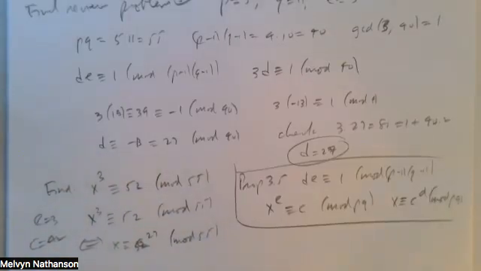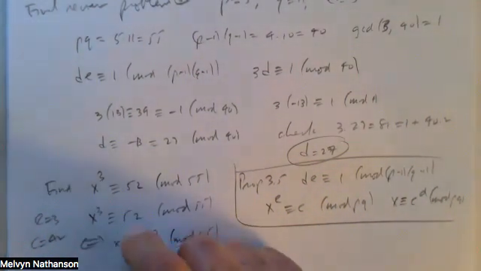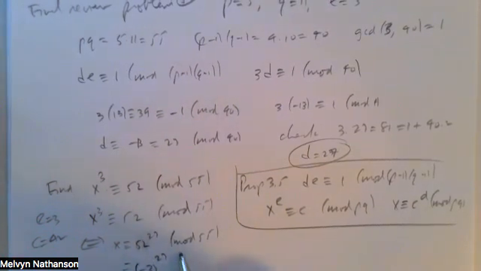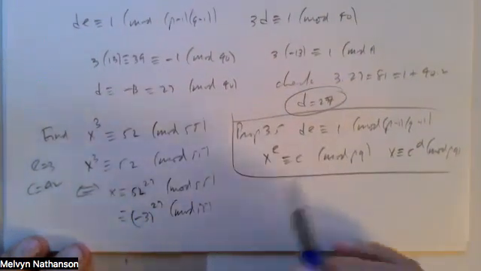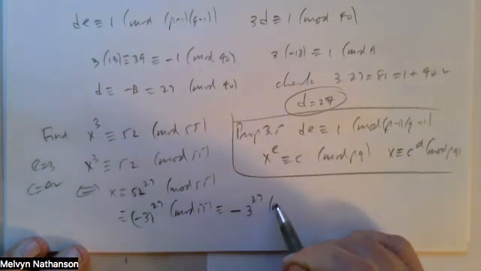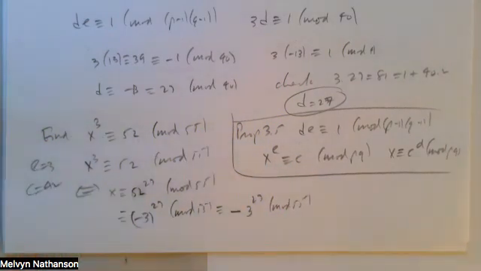Of course, we still have to figure out what this is, but it's somewhat easier if we notice that 52 is the same as minus 3. So that's minus 3 to the 27 mod 55. And minus 1 to an odd power is minus 1.